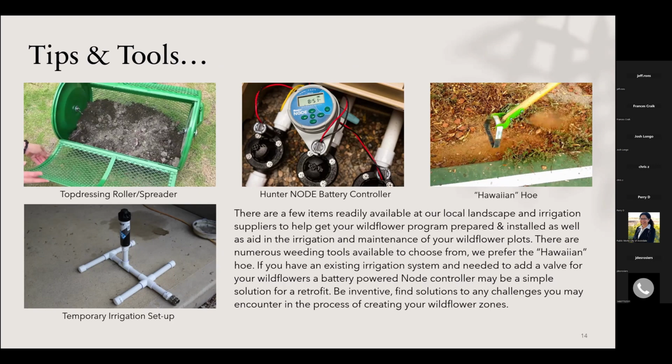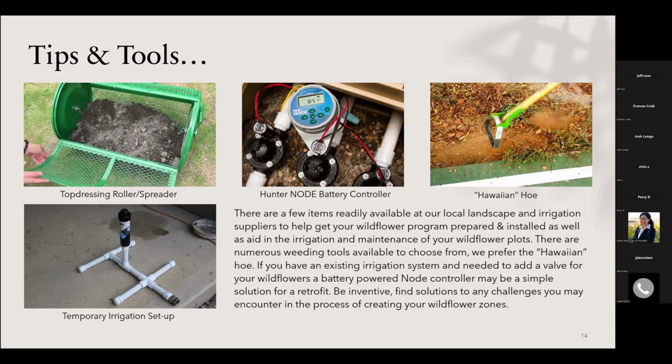If you do have irrigation nearby where you might be putting a wildflower plot, and you're able to convert it, even if you were going to do some temporary irrigation lines, which I've done. I actually did it at Desert Highlands when I was the director of landscape and horticulture there.